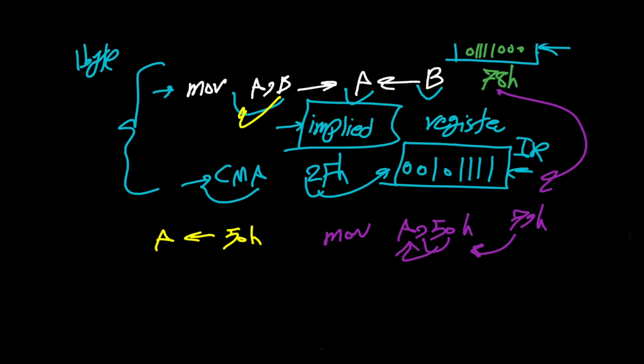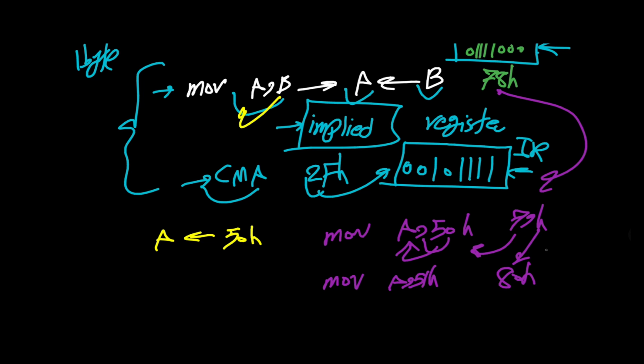That is a valid solution. But the problem is, what if you want to move the value of 51 hex in A register? Well, you say, I just reserve the next opcode, 80 hex, for 51H.